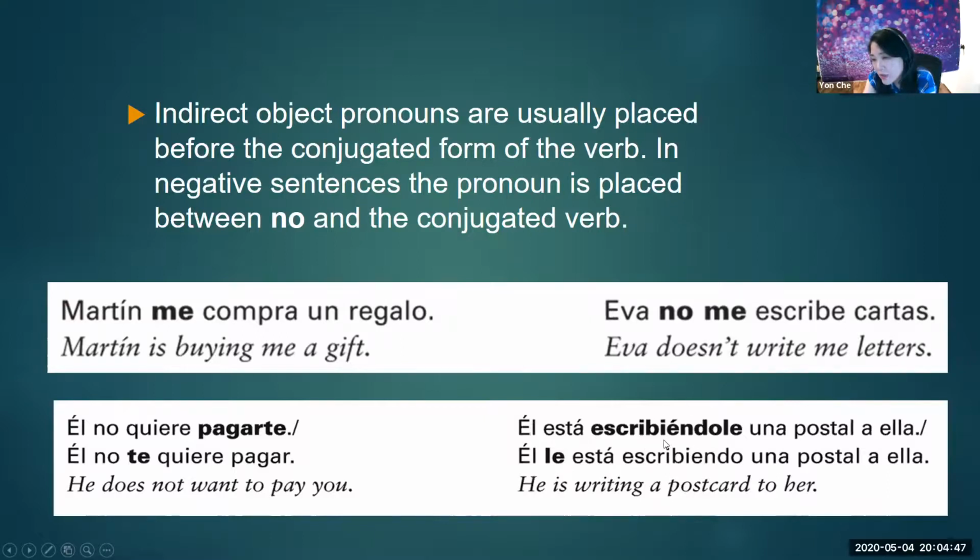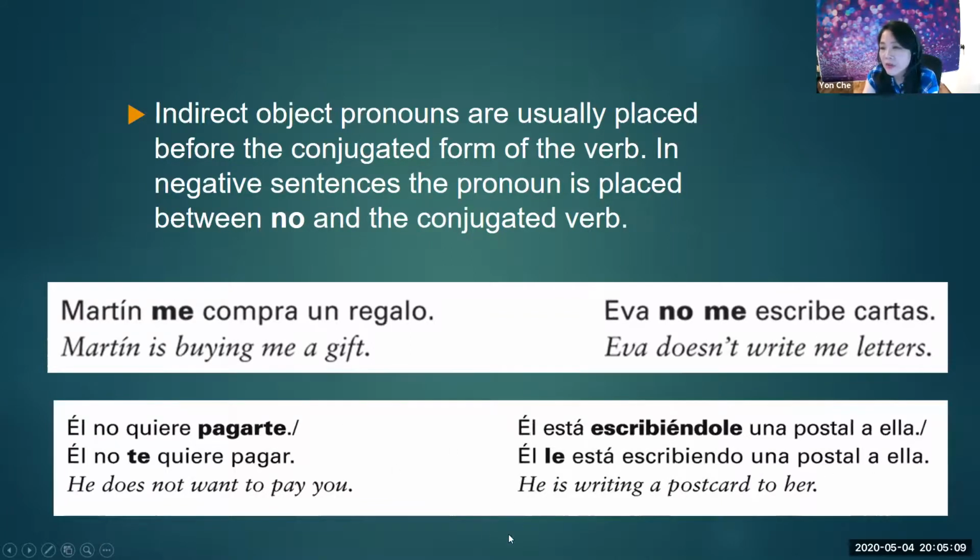So escribiéndole una postal a ella, in order to maintain the original stress, even after an additional syllable has been added, you need to mark the vowel with an accent mark. If you don't want to worry about this accent mark thing, then always remember to put it before, okay? Él está escribiendo una postal.